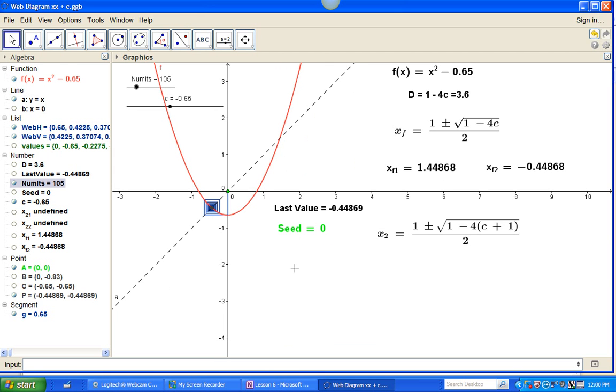We can get a nice illustration of that if we change our seed. Notice our seed in green down here is 0. If we move our seed over close to the other fixed point, we would think that maybe we would go to that fixed point. But in fact, it's just like 2 magnets pointed at each other, with the north poles facing each other. They repel each other.